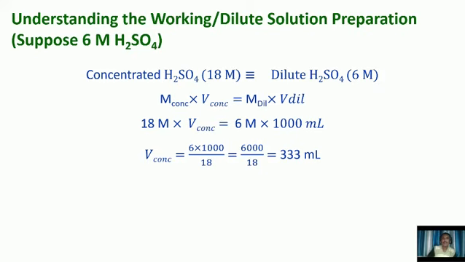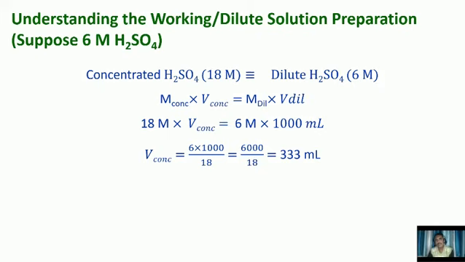So in case you require a very dilute solution, this is the original laboratory reagent, 18 molar, then you have to go for a stock solution, 6 molar, then you take 6 molar as concentrated and again go for preparation of a dilute solution, that is 0.1 molar or another.